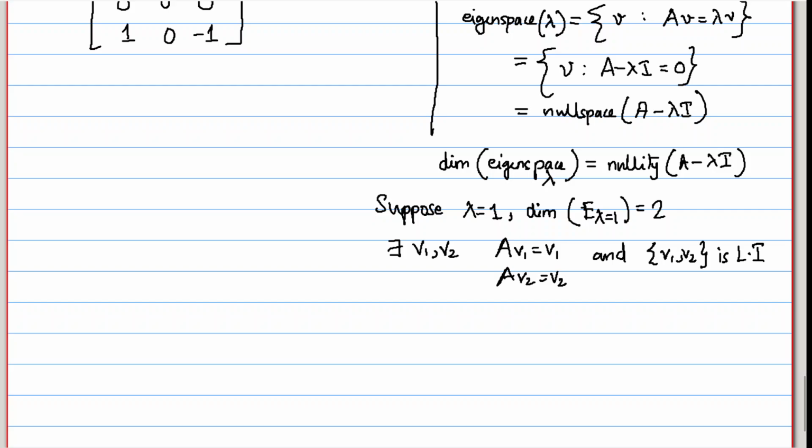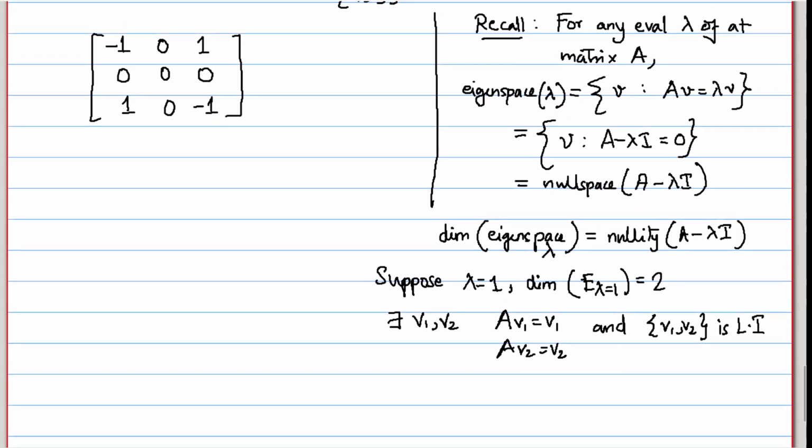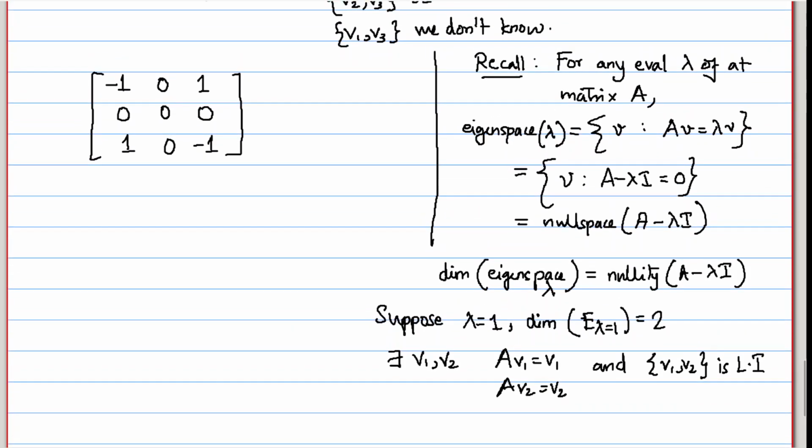This is what it means, right? Is this okay? Yes. Fine. So we have linearly independent eigenvectors.